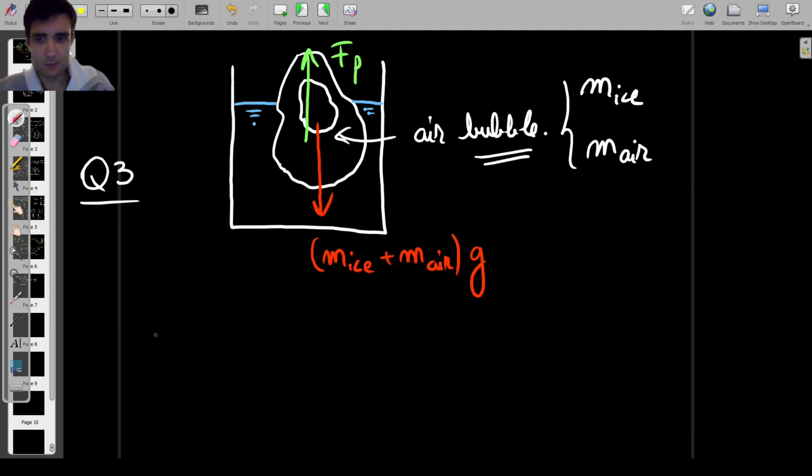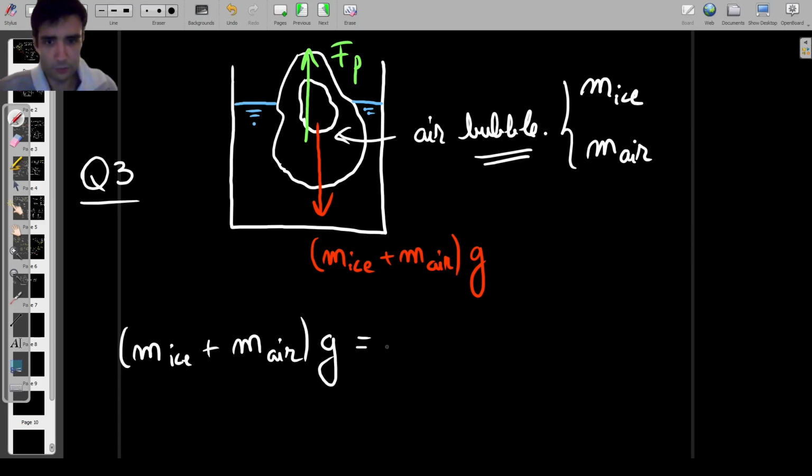If we write this in the form of an equation of equilibrium, we have m ice plus m air times g is equal to, once again, this Fp is the weight of the displaced water. So it's just rho of the water times g times Vd.